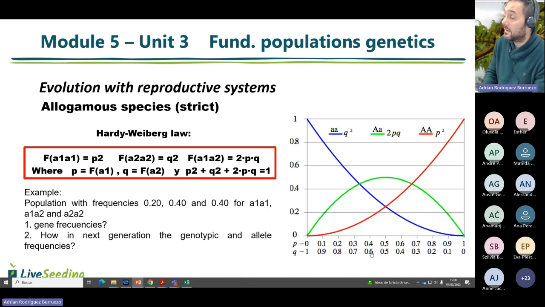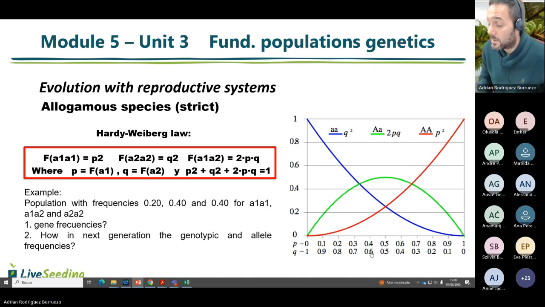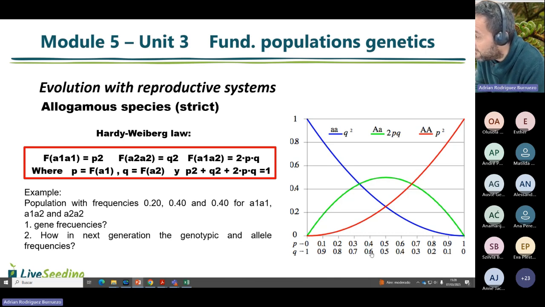And if I leave this population to reproduce according to the Hardy-Weinberg law, what happens? Watch how the frequency of the next generations will be. I can advance that the frequency of the alleles wouldn't change, but the frequencies of the genotypes will change, because in the offspring A1A1 would be P squared, which is 0.4 squared, which is 0.16.